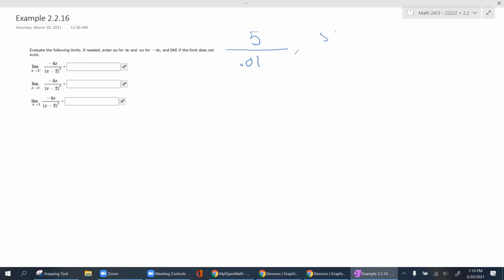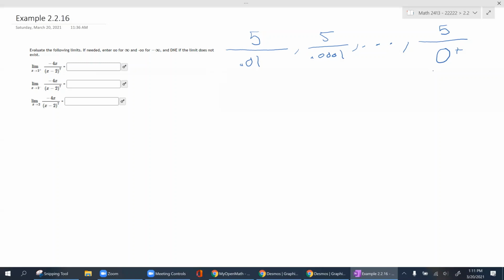If you do 5 divided by something even smaller, there's a trend going on here, it's going to give you an even larger number. So if you're dividing 5 by a number that's very, very close to 0, but it's positive.